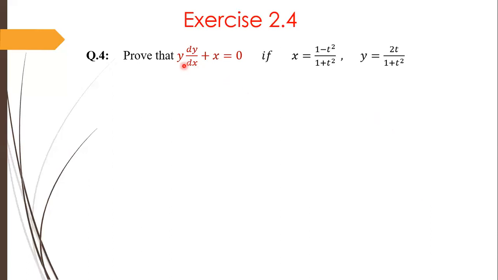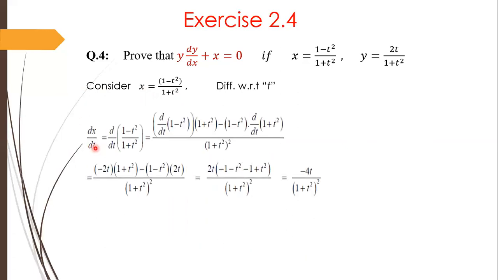First of all, consider x is equal to (1 minus t square) over (1 plus t square) and differentiate with respect to t. Why? Because here t is the independent variable and x is the dependent variable. So dx by dt will be d by dt of (1 minus t square) over (1 plus t square).